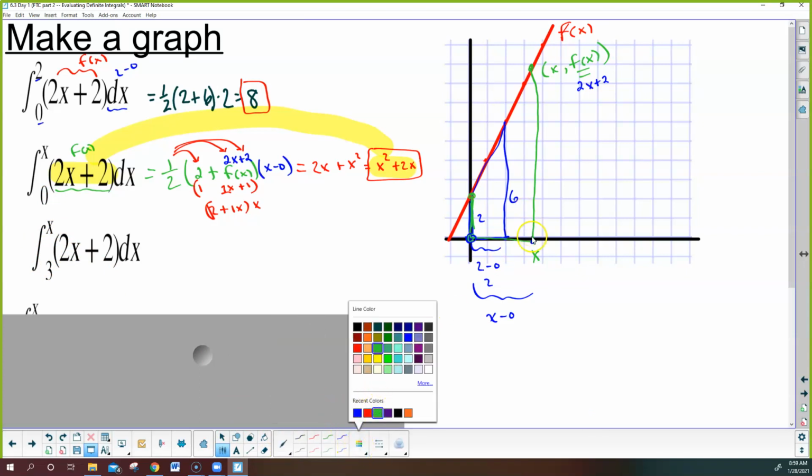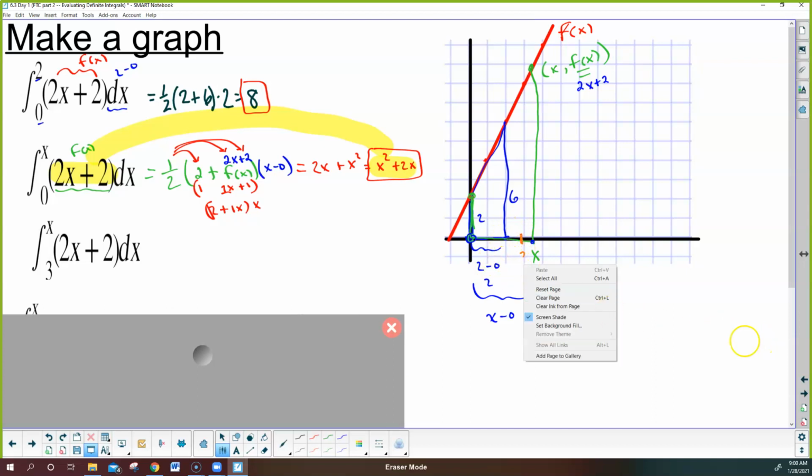So now if I start at 3, let's do a different color. Here's 1, 2, 3. I'm going to start at 3. And I know that when x is 3, it's output. Now, instead of counting, I could just plug 3 in here, right? What is 3 times 2? Well, 3 times 2 is 6 plus 2. This output is 8.